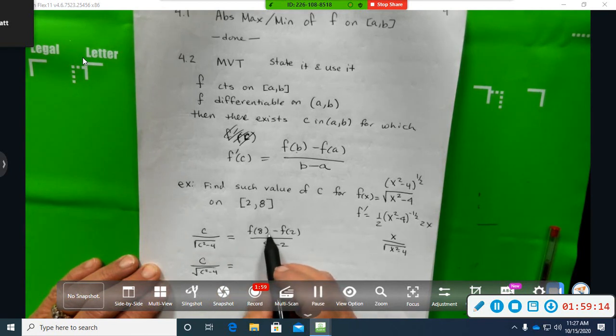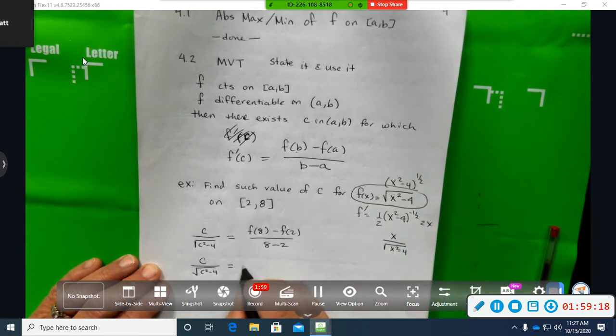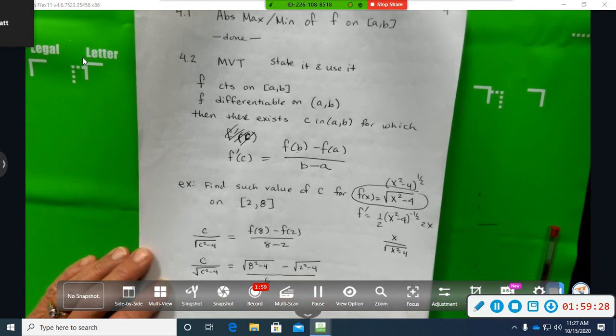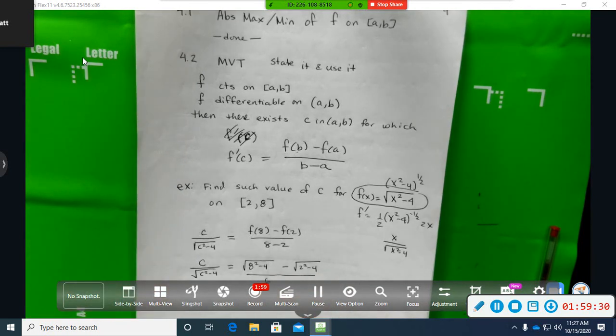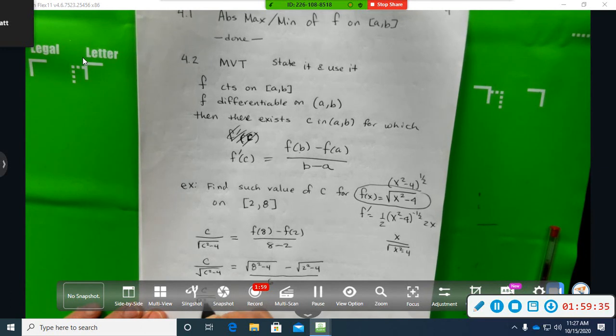F of 8 is the square root of 8 squared minus 4. F of 2 is the square root of 2 squared minus 4. 8 minus 2 is 6. So I have c divided by the square root of c squared minus 4. 64 minus 4 gives me the square root of 60. 2 squared minus 4 is 0.